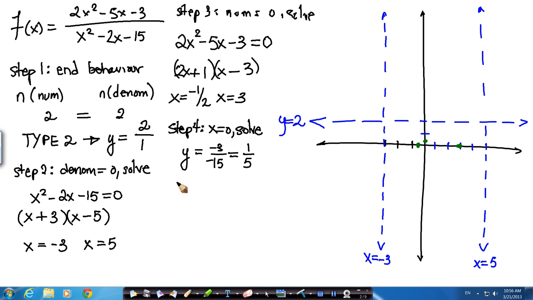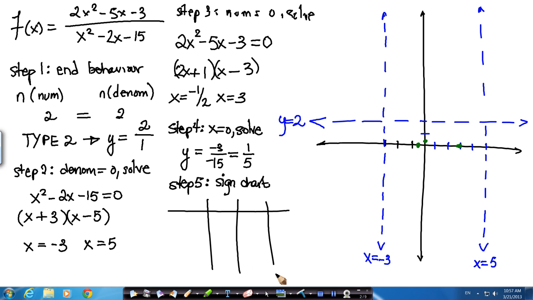Step 5, our sign chart, right? So, numbers that we care about. We care about when x equals negative 3, when x equals negative 1/2, when x equals 3, and when x equals 5.